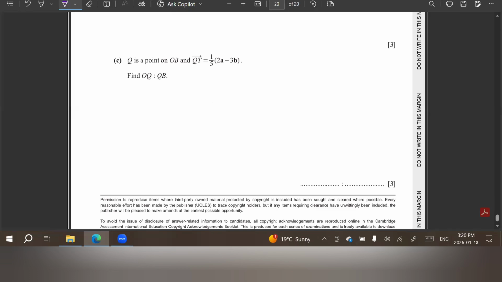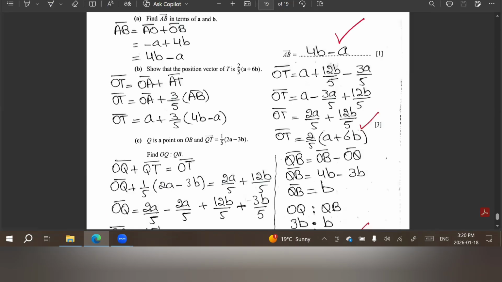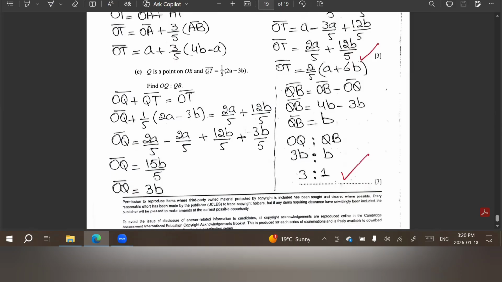First of all, you see the OQ plus QT will be equal to OT. So the OQ plus 1 by 5 of the 2A minus 3B bracket close equals OT, which is already given to me, and that is 2A by 5 plus 12B by 5.